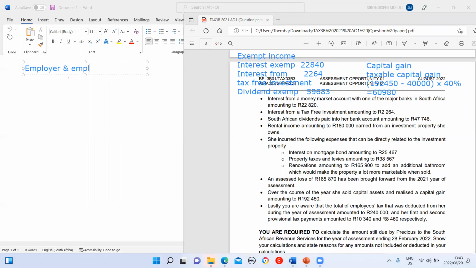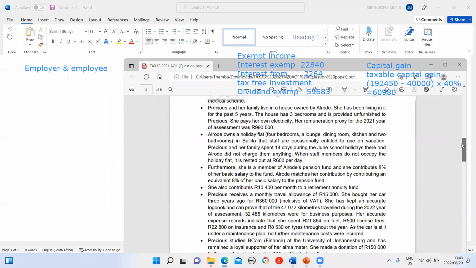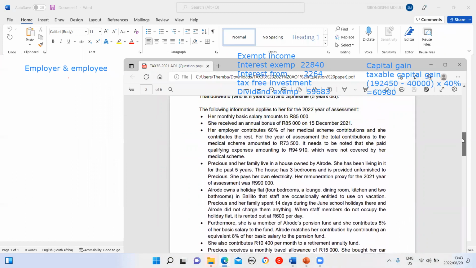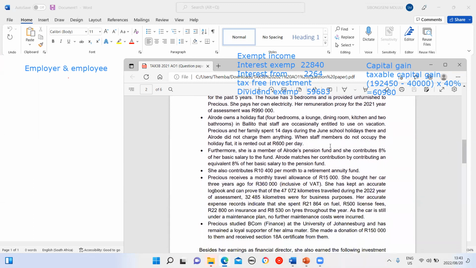So employee, for 1 year, how much do we contribute? Okay, this is a medical scheme, retirement. Remember that they contributed 8% each.